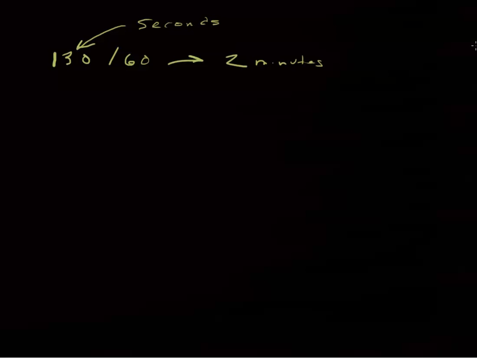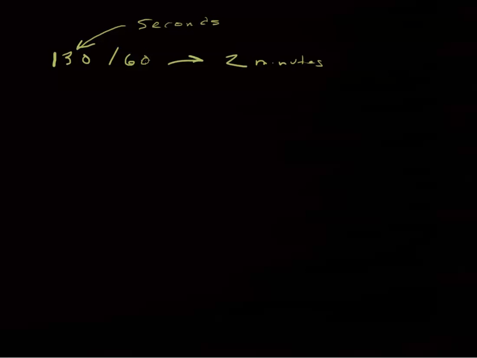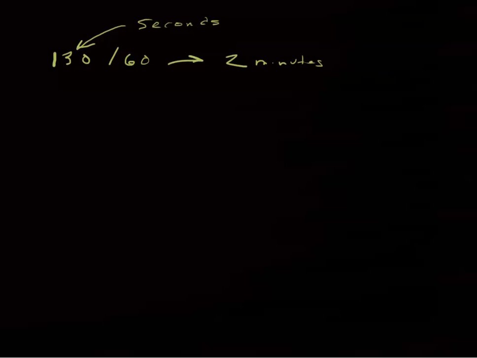Now, if we look at our command prompt, we have a real big number for the number of minutes. Well, we could do the same thing, and if we had, let's say, 82 minutes left over, how would we find the number of hours?